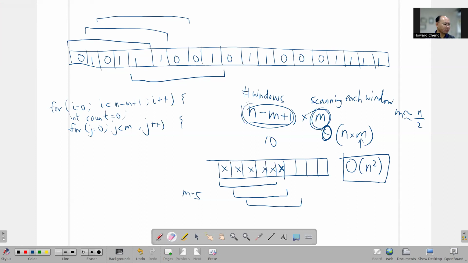I shouldn't use the word count because that's ambiguous. So let's call it evens. Then you say evens plus equals a bracket i plus j. And then if evens is greater than or equal to 2, the final answer plus plus. That's another one that you count. So that would be good enough.